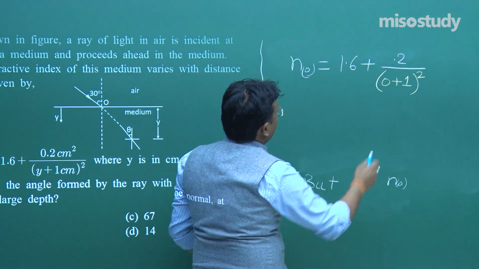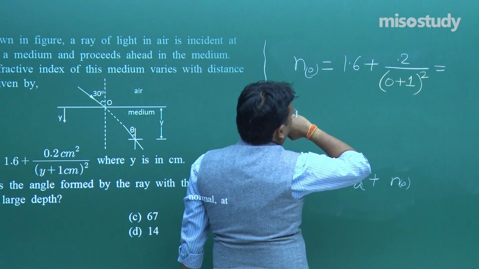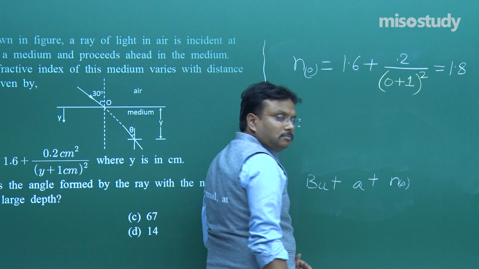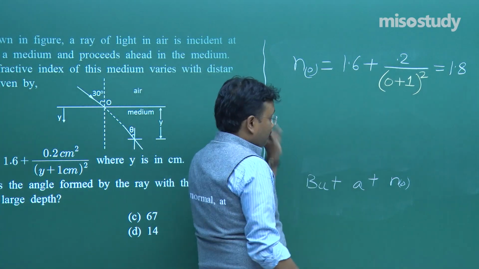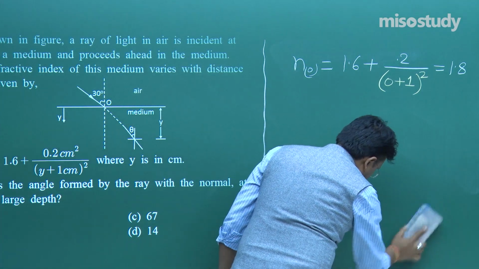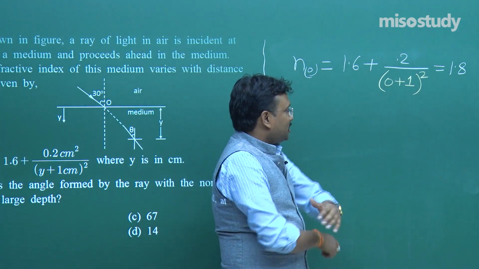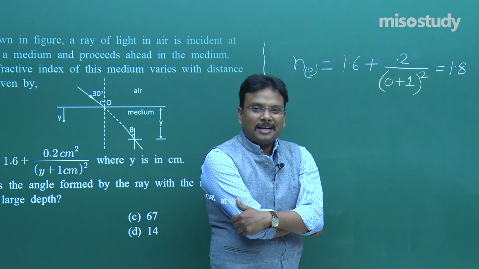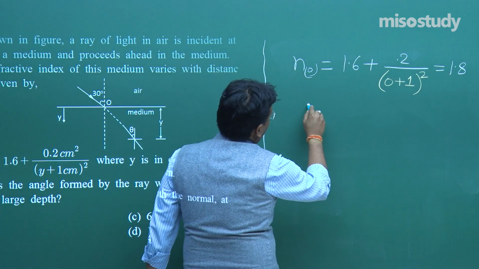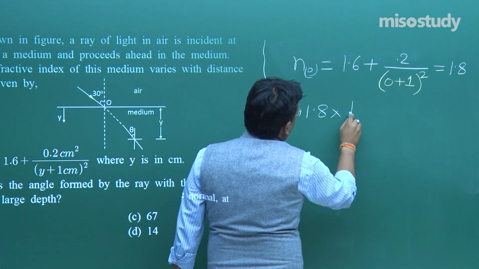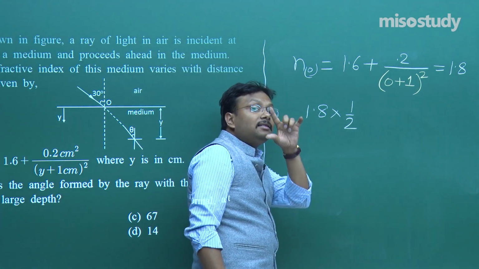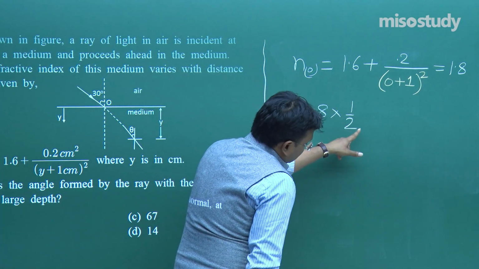Obviously, you can get the value is equal to 1 by 0.2, that is 1.8. No problem. Simple value. Fine. Now, after getting this value, what will I have to do? The most difficult question, what is the value of sin 30? A lot of you will say, oh sir, come on. This is 1.8 upon 1 by 2, because the equation was n naught sin 30 is equal to a constant term c.